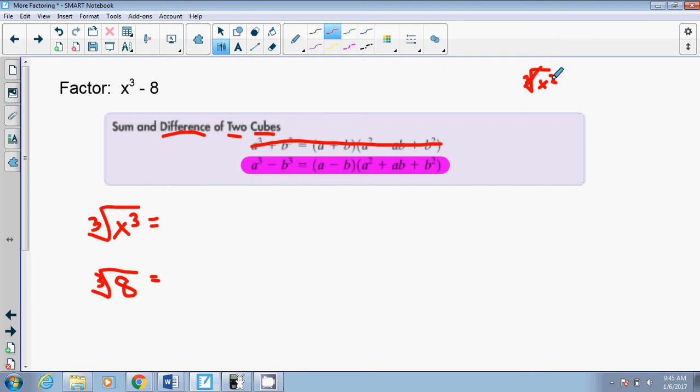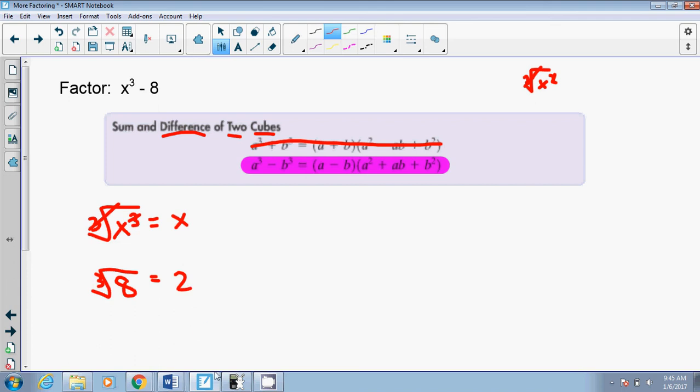That's how they cancel out. We're going to have a similar concept here. The cube root and the cube cancel out to give me just the x. And then the cube root of 8, maybe you know this, maybe you don't, is 2. That's just saying what number cubed gives me 8, which is 2.